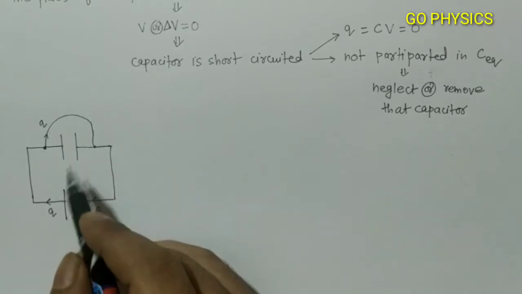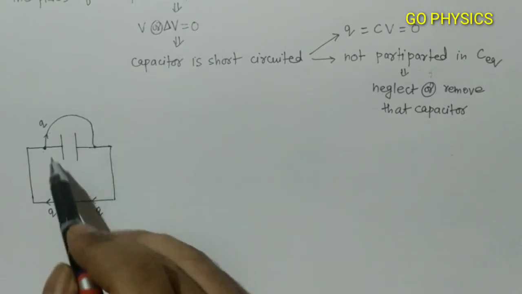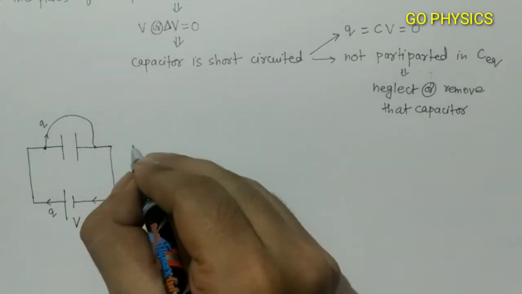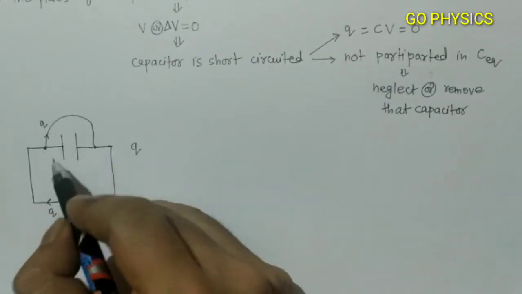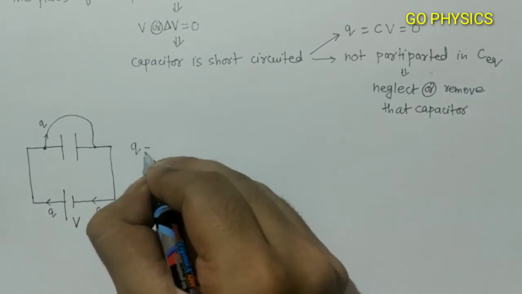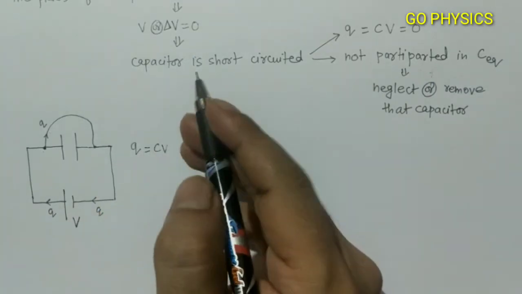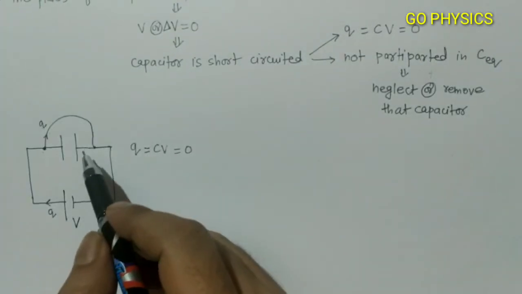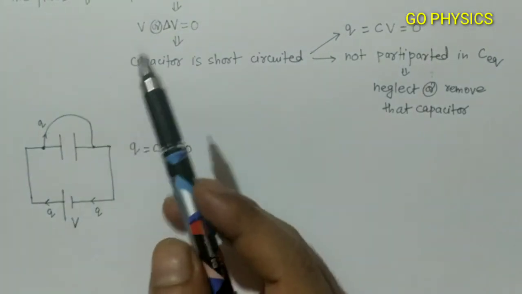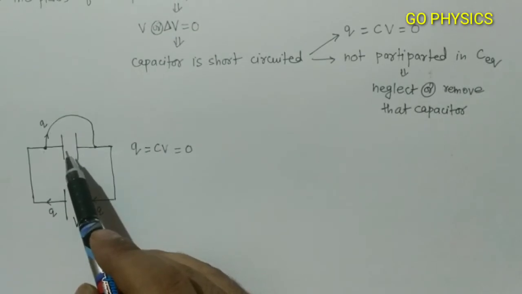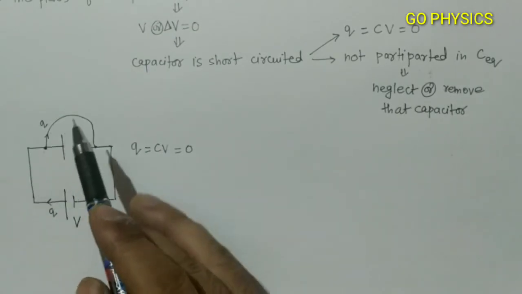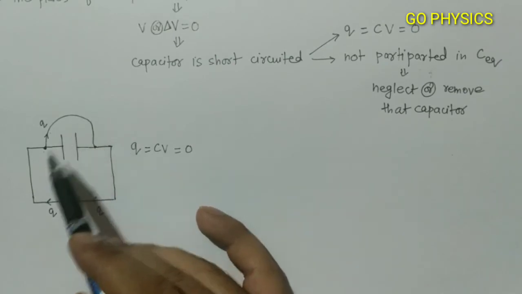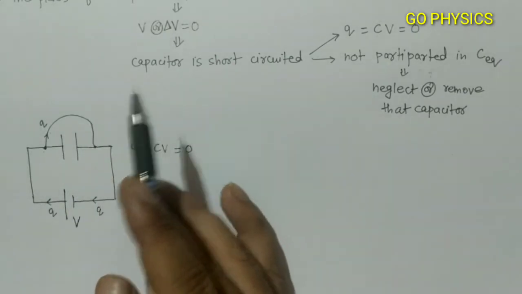So from this example we can also see that the charge on this capacitor, due to this wire, will become 0. That is, Q equal to CV will become 0 because there is no charge on that particular capacitor. But in reality this diagram is not correct, because there must be some resistance in the wire, as we will learn in the electricity chapter.